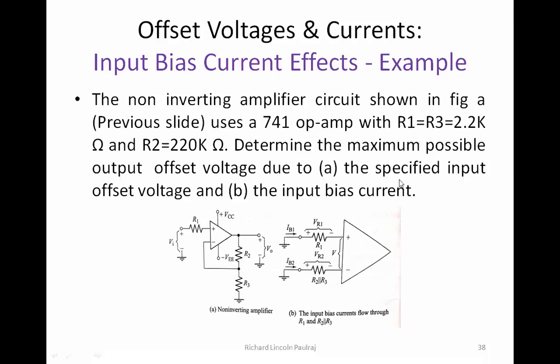They want us to keep this offset voltage into consideration and the bias current into consideration. So what you can do right now is quickly look at the circuit and draw it, and put these resistor values respectively on top: where it says R1, you can put 2.2K, and similarly for R3 also the same value, and R2, so that it becomes easy for us to continue with our problem.